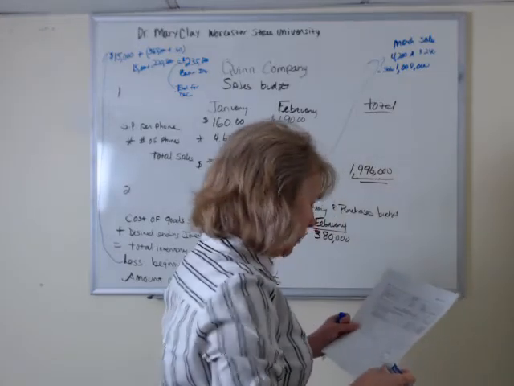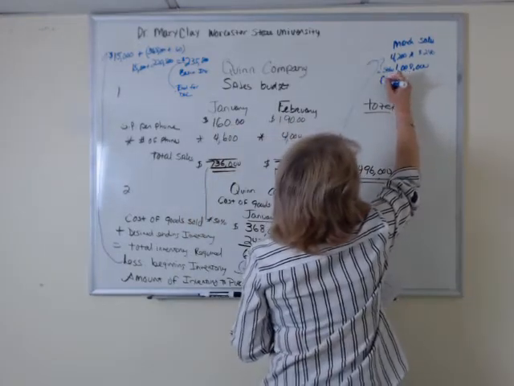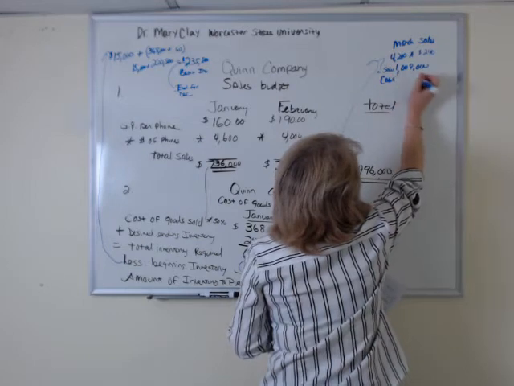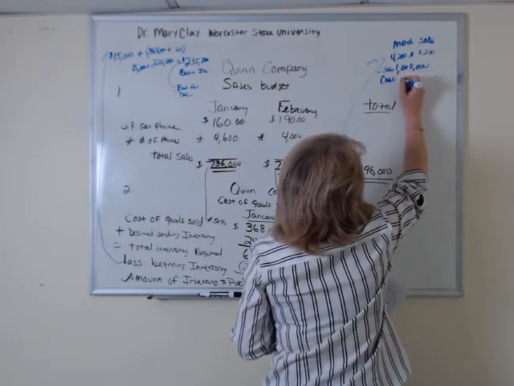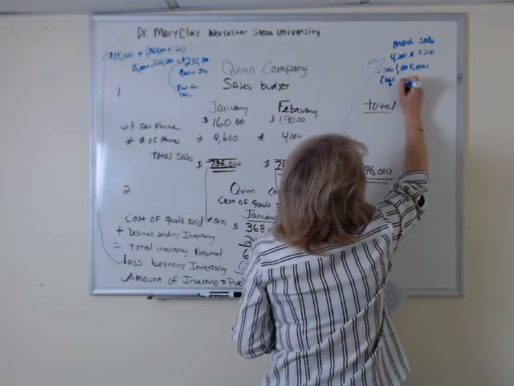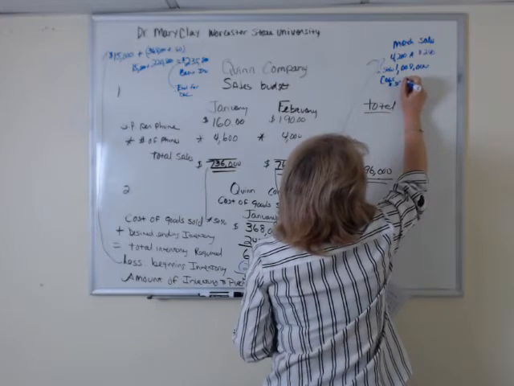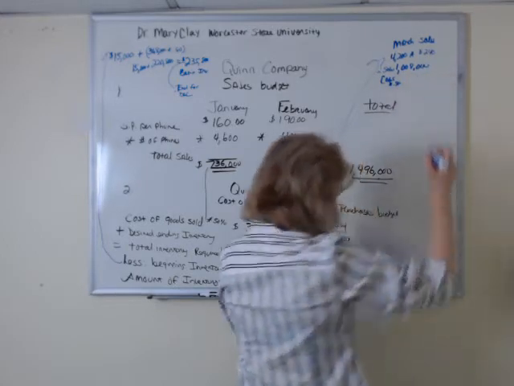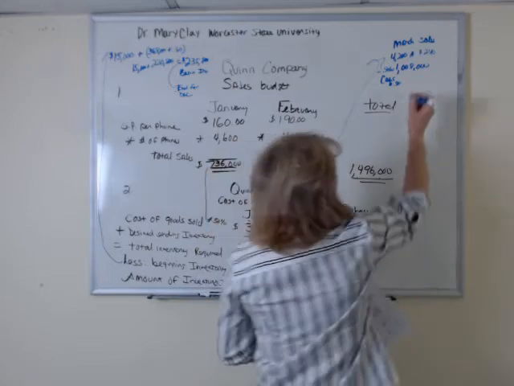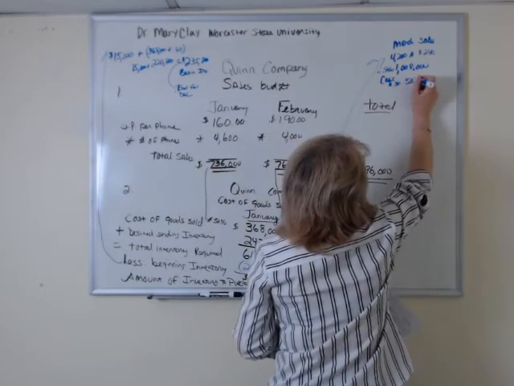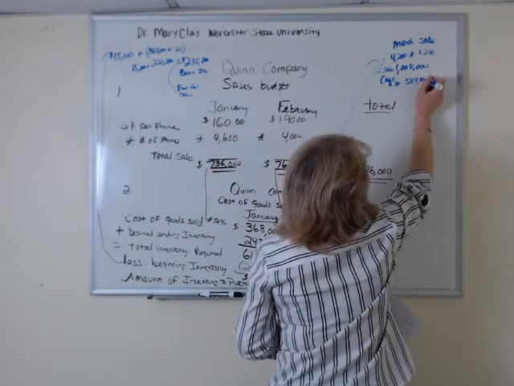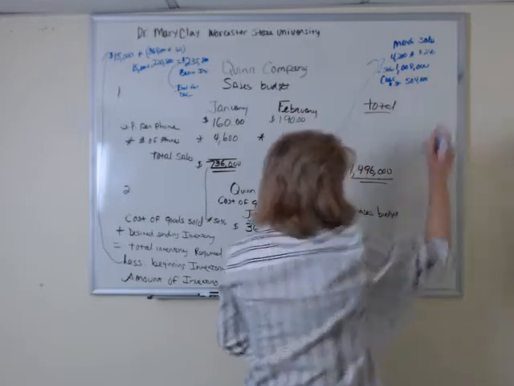Next, I'm going to figure out the cost of goods sold, COGS. I'm going to multiply this by 50%. Okay, so that ends up being 504,000. I already put my decimal in. All right, so there's my COGS.